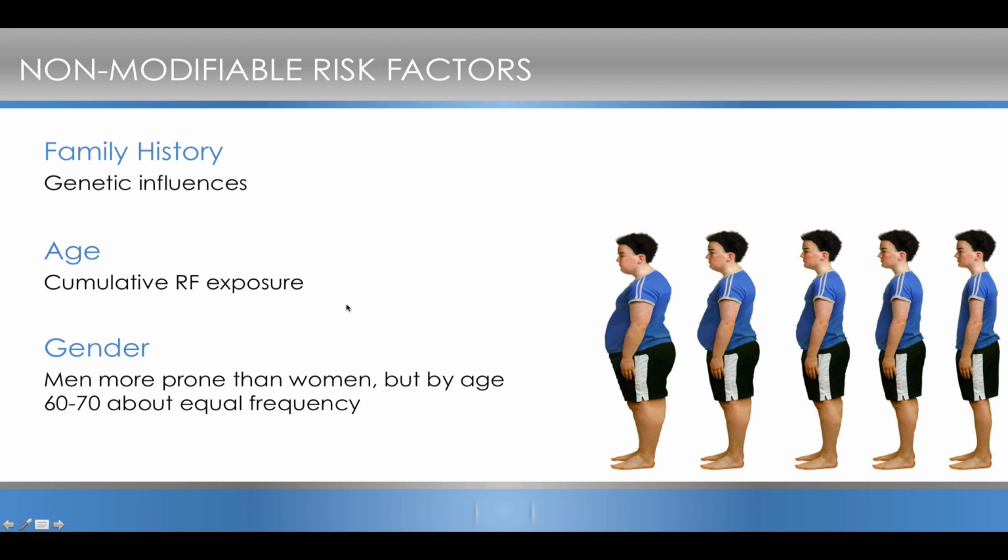In terms of what causes the disease of atherosclerosis, well, there are several what are known as risk factors. Some of them are non-modifiable and some of them are modifiable. The non-modifiable ones that we can't do anything about are things like family history, which of course reflects an individual person's genetic background, the age of the patient, which reflects the cumulative exposure to risk factors, and the gender is also very important in that men are far more prone to atherosclerosis than women.